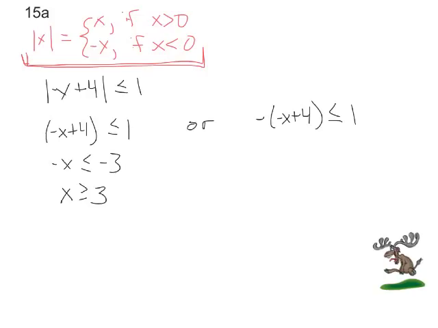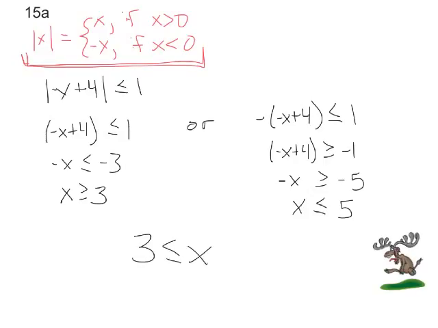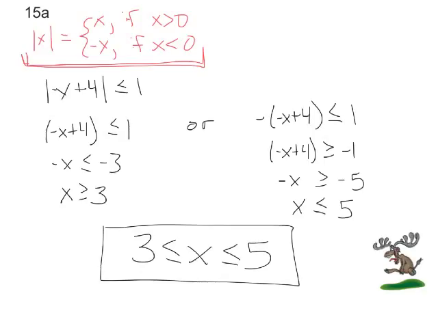So on the right-hand equation, we'll multiply the negative first, and the inequality will turn directions, and then we will take 4 away from both sides, and then finally we'll multiply the negative through, turning the inequality, and we get either x is greater than 3 or less than 5, and that winds up becoming a conjunction. So there's your solution.